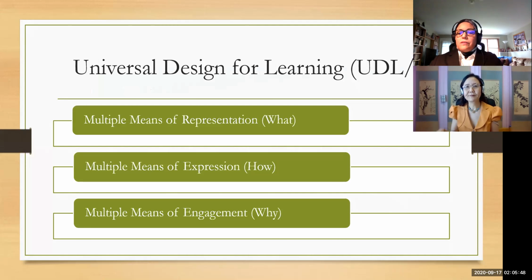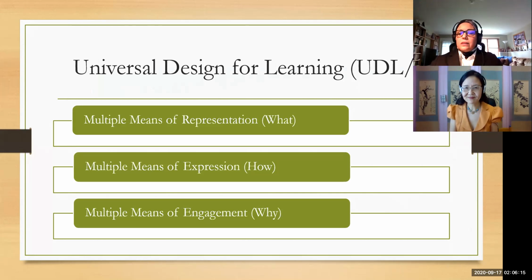According to the Center for Applied Special Technology, CAST, Universal Design for Learning principles divert the focus from student disability to the curriculum disability. When we eliminate barriers in the design of learning environments, it will lead to better learning outcomes of the diverse populations of learners in today's classrooms.